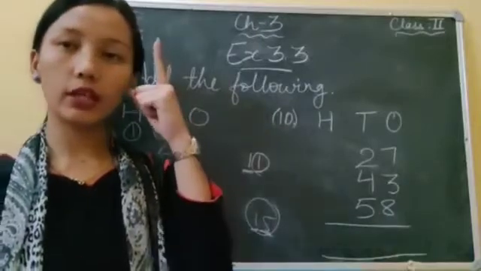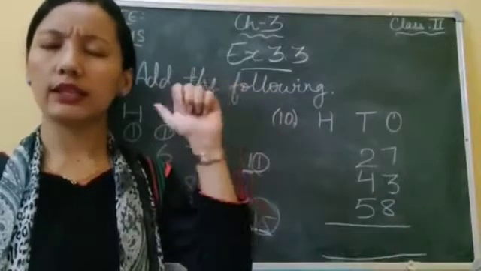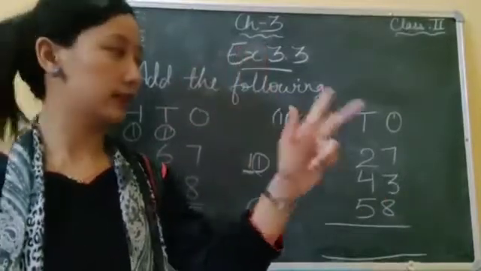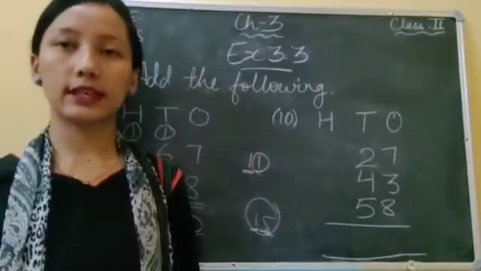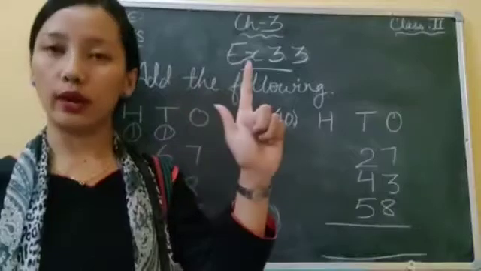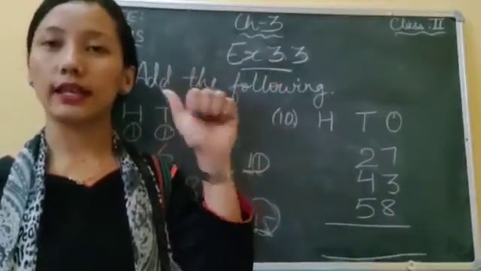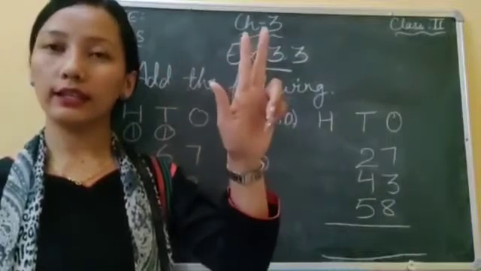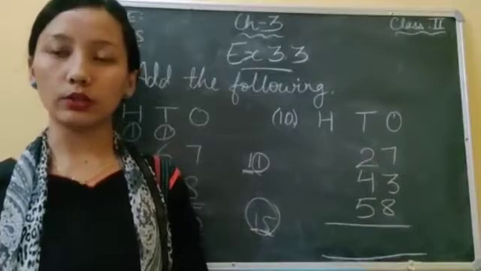Now keep 7 in your head and count to 3. 7, 8, 9, 10. 7 plus 3 is 10. Plus 8. 10, count to 8. 11, 12, 13, 14, 15, 16, 17, 18. 7 plus 3 plus 8 is equal to 18.